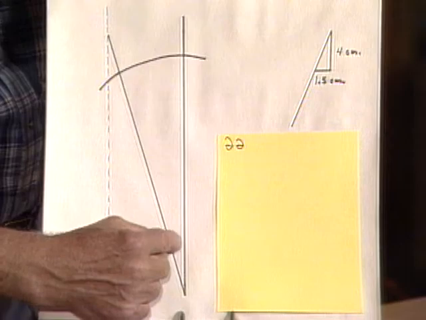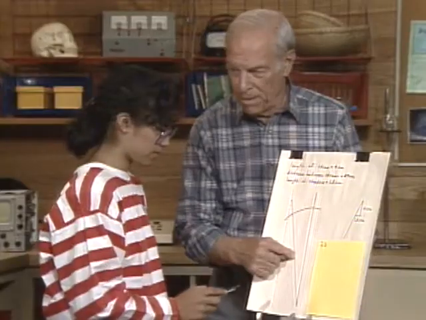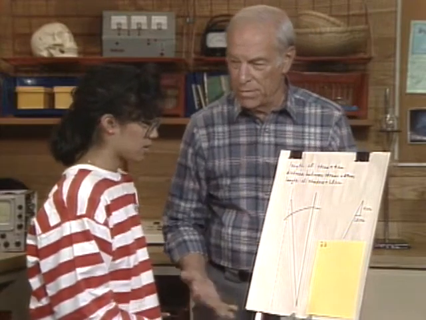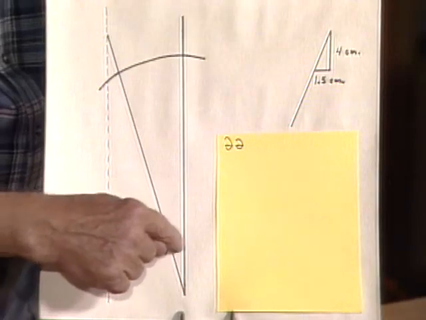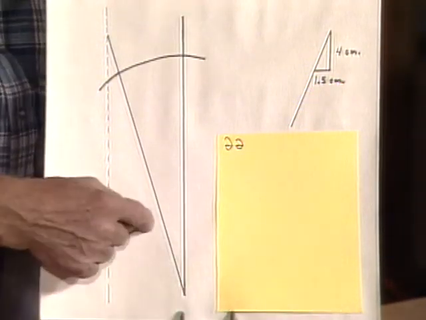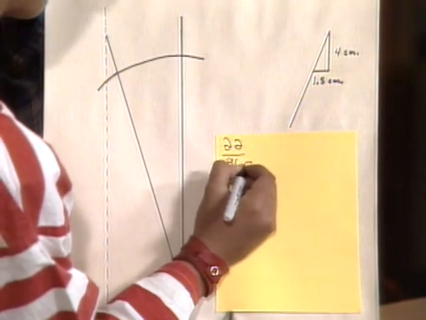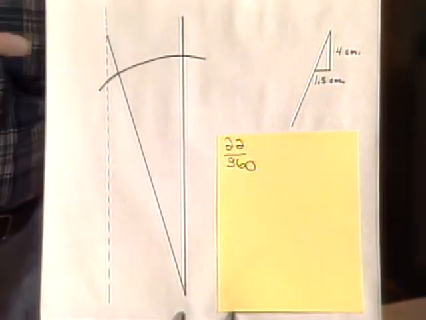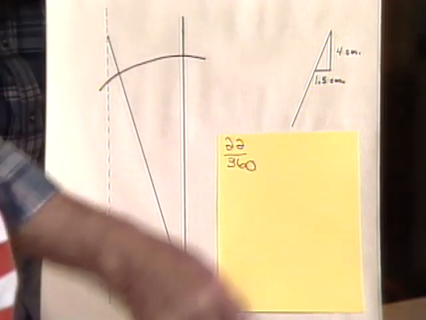And that angle is a percentage of a total circle. You know how many degrees there are in a total regular circle? 360. So 22 is to 360. You know how to write that as a proportion, don't you? Now, the same proportion applies to this: this part of the circumference as compared to the entire circumference.